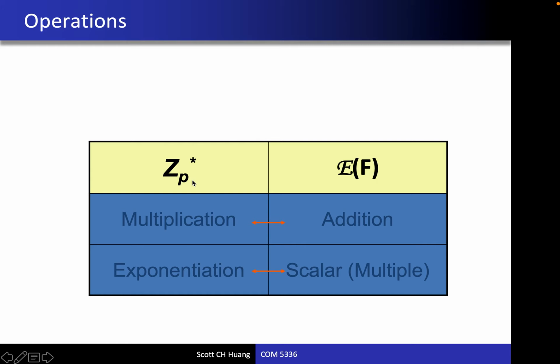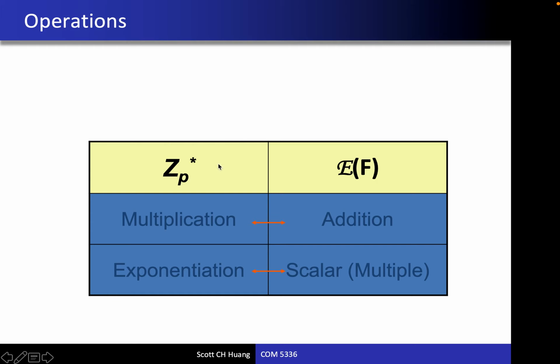If you remember, we introduced the Diffie-Hellman key exchange and ElGamal encryption, and what else? ElGamal signature and DSA signature. These are the things we can apply elliptic curves to. So we're going to introduce these things.